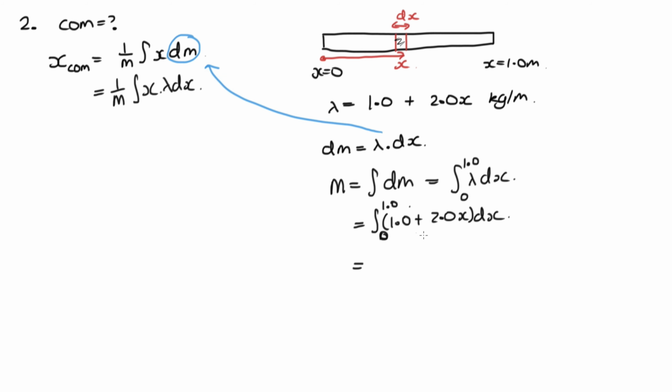And now we can solve this integral here. So we've got 1.0x plus 2.0x squared on 2. And this is evaluated at 0 and 1. And so substituting in these limits, we've got 1.0 times 1.0 plus 2 over 2, that's just 1. So plus 1.0 times 1.0 squared.